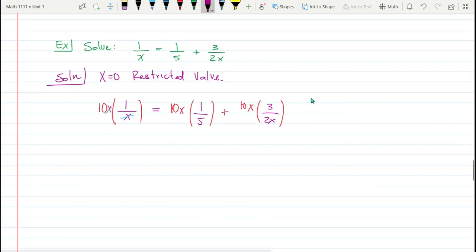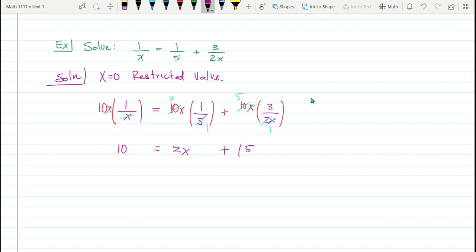So therefore you have 10 equals, the 5 goes into 10 twice, so you are left with 2x times 1, which is 2x, plus, and here the x and x cancel each other. 2 goes into 2 once, 2 goes into 10 5 times. So therefore we'll have 5 times 3, which becomes 15.